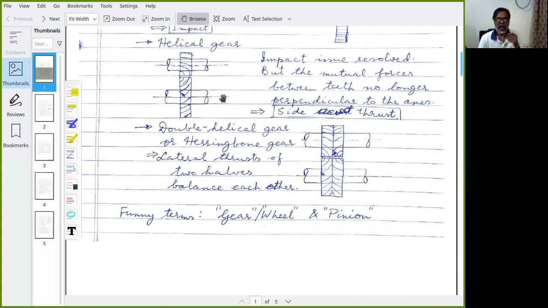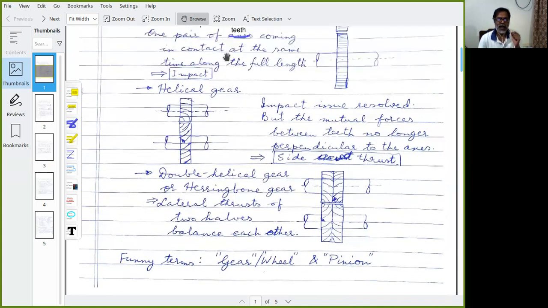Now, in the entire terminology, in the case of gears, not only these kinds, the other kinds also, which we will discuss later, there is a very funny thing that sometimes people use the word gear and wheel interchangeably. And sometimes the smaller of the two machine gears, people refer to as pinion.